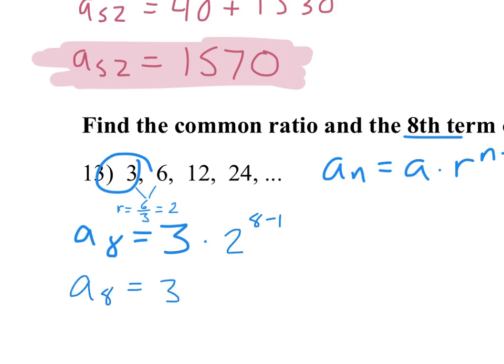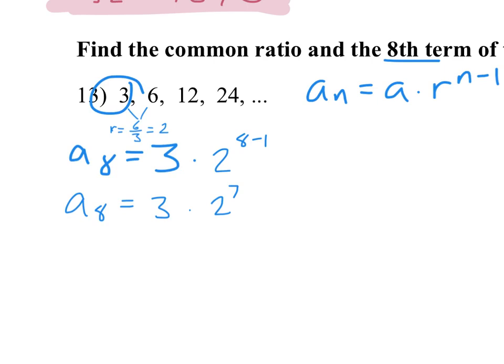So our 8th term is going to be 3 times 2 raised to the 7th power. 2 raised to the 7th power is 128. And now we just multiply 128 times 3. So our 8th term is going to be 384.